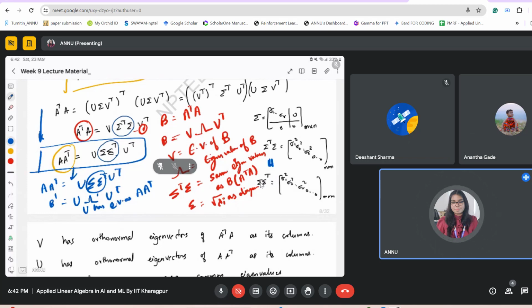what are the dimensions of U and V? So you have A transpose A and A A transpose. What will be the dimensions of U and V?